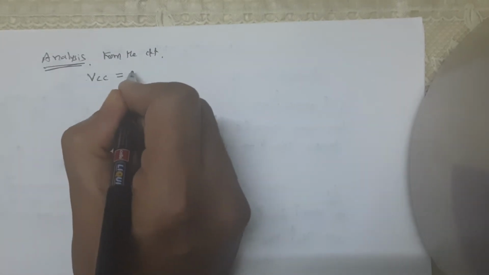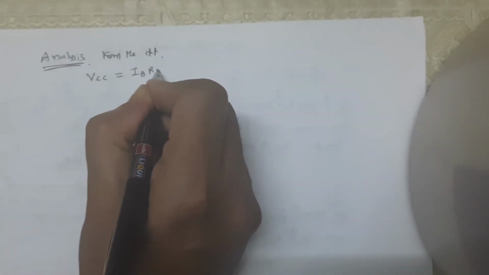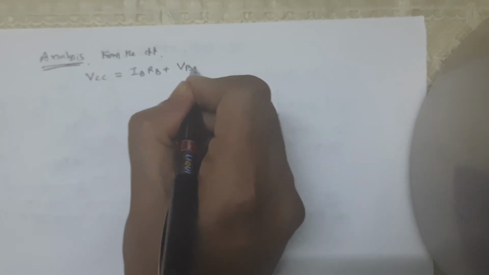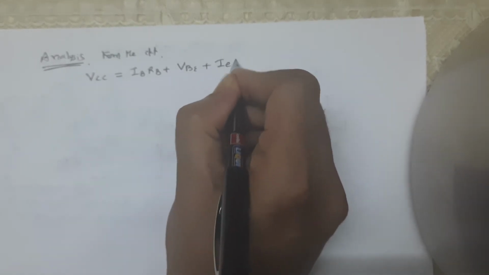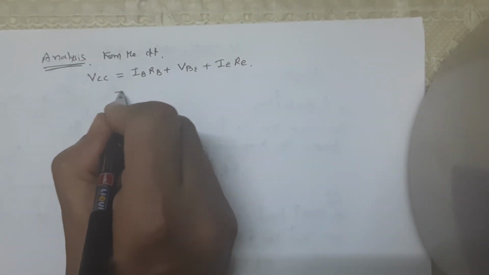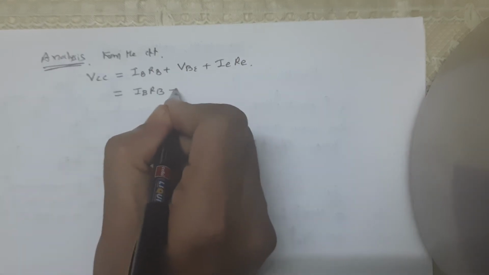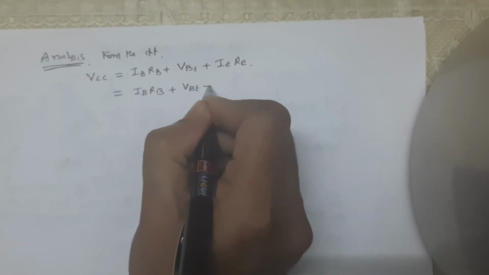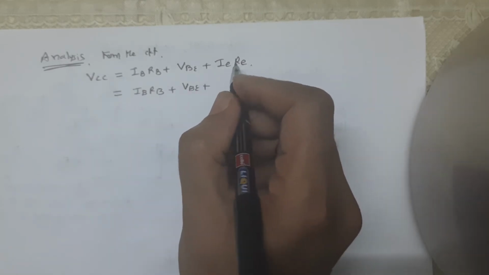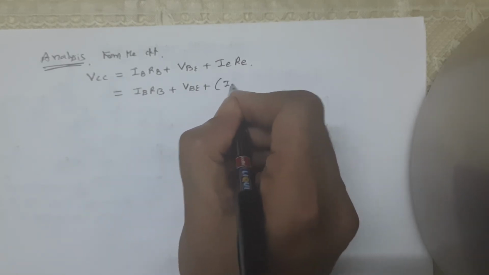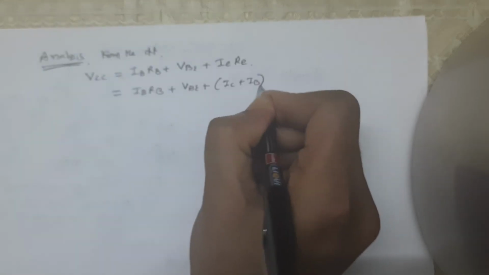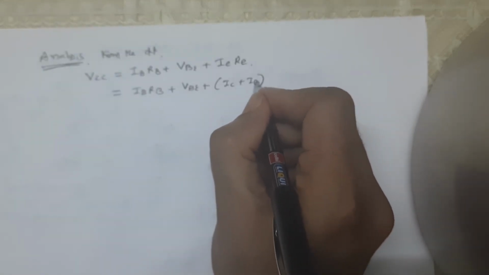From the circuit, VCC is equal to IBRB plus VBE plus IERE. This is equal to IBRB plus VBE plus (IC plus IB) into RE.